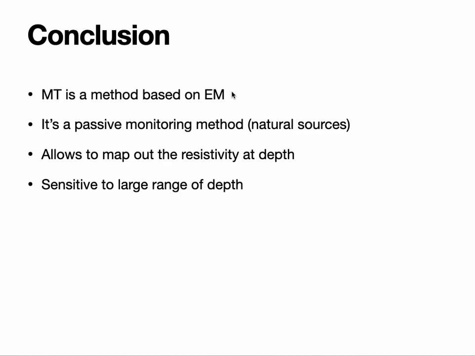It's a passive monitoring method, so all the sources are natural, and they can be used to map out the resistivity structure at depths. And one of the advantages of MT is that it's sensitive to a large range of depths, including mantle scale. Thanks for your attention.